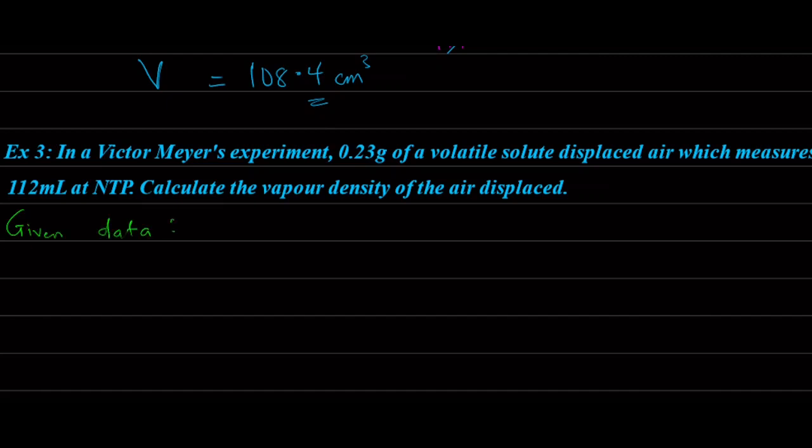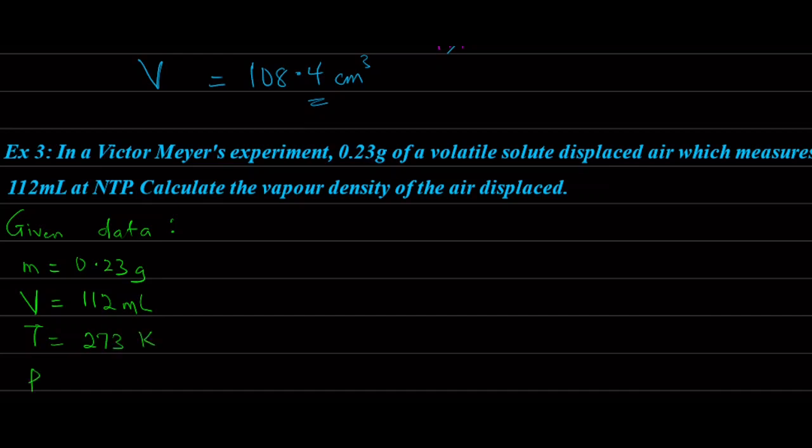Given data, we are given the mass of the known substance, which is 0.23 in gram, and the volume of air displaced to be 112 mils, which is known as milliliter. Normal temperature, also known as standard temperature, is 273 in Kelvin.